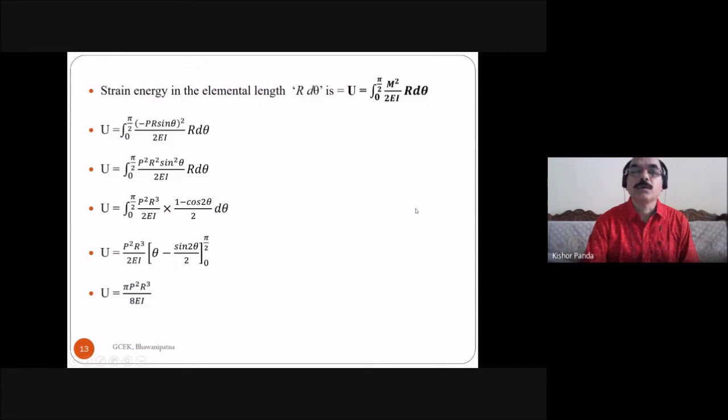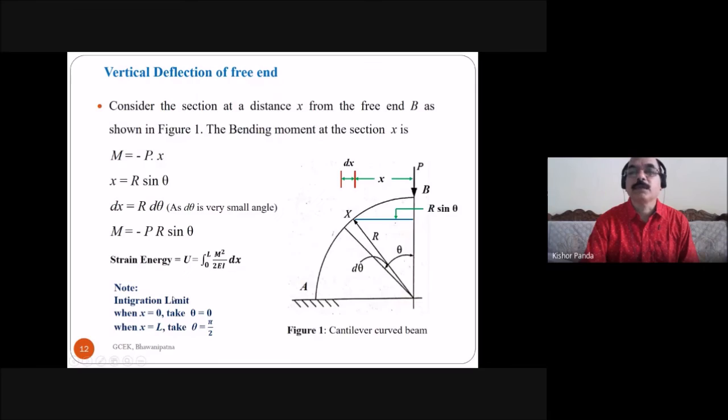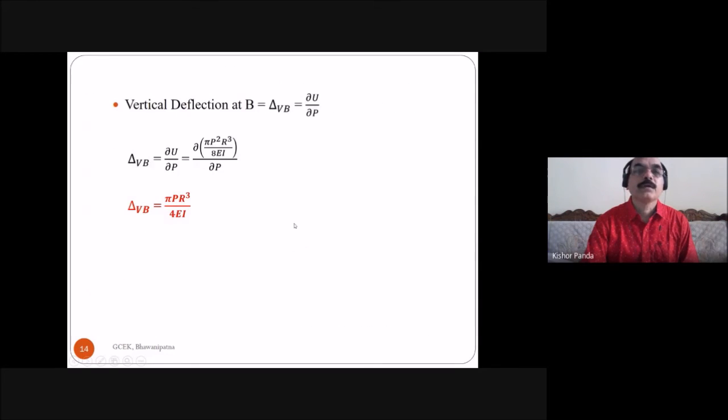So what you have to do, you have to take the partial derivative of the strain energy with respect to the force P. Then you will get the deflection along the direction of the force. So the vertical deflection at B, delta VB, is equal to the partial derivative of strain energy with respect to the force.